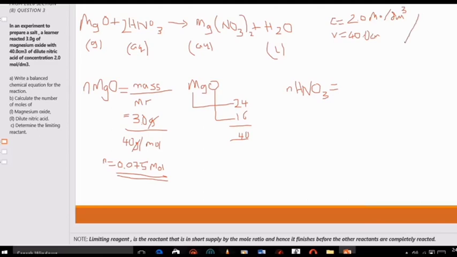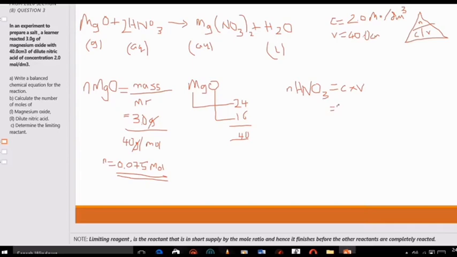You definitely remember this triangle. Here there is number of moles, here there is concentration and volume. So we are going to use this formula: number of moles is equal to concentration times volume. Since we've been given these, we're just going to plug in the parameters.